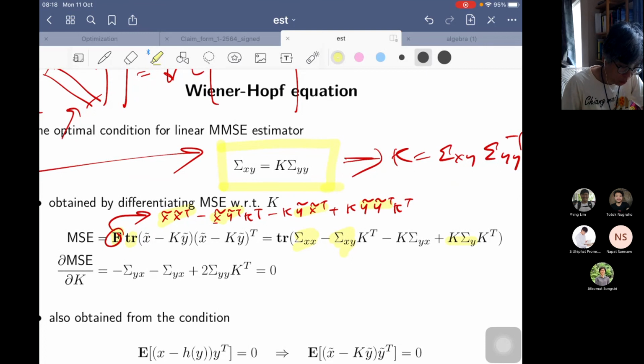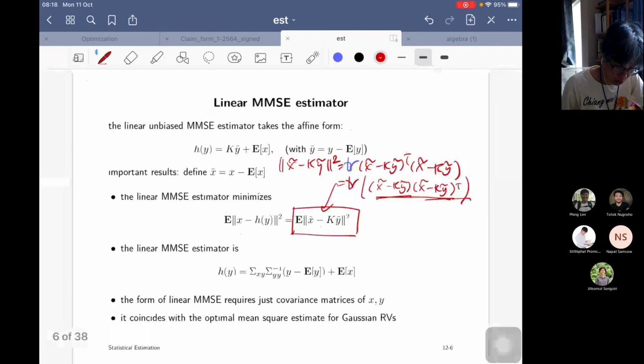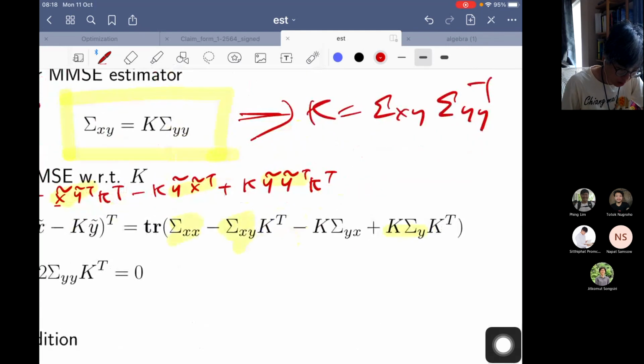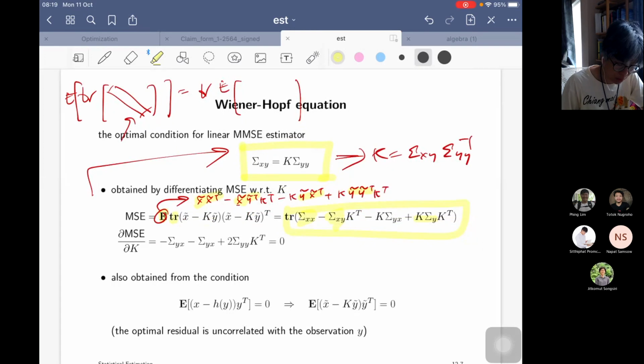What are we doing here? We try to express the MSE as a function of k because we want to minimize the MSE over k. When we express it, you will see that it turns out to be a quadratic function in k. Now you're going to apply the optimal condition. You minimize MSE with respect to k, so you take the first derivative with respect to k and set it to 0.